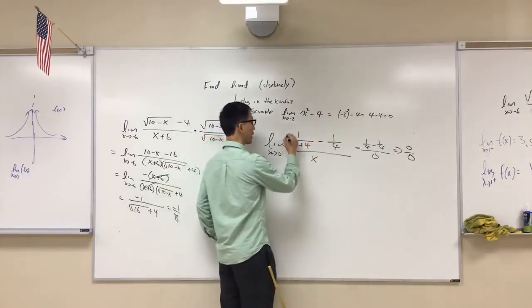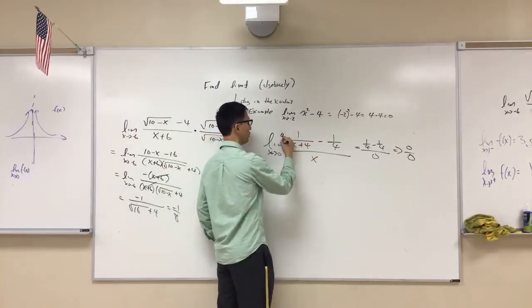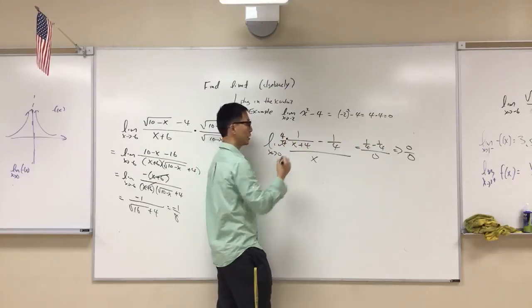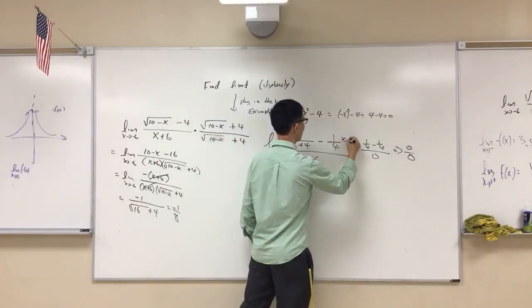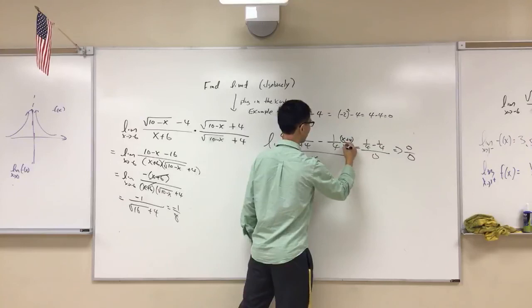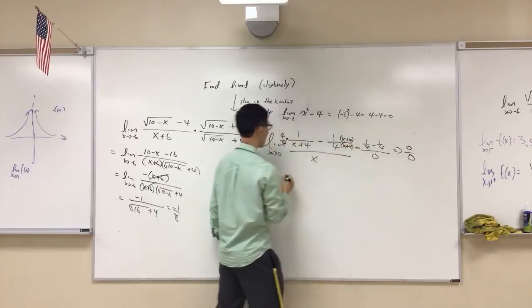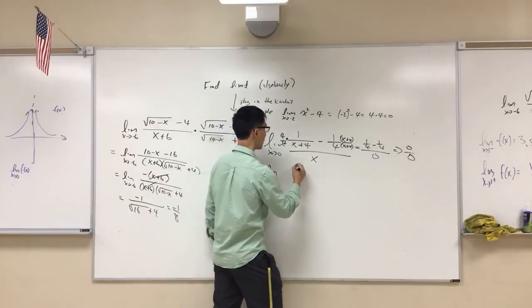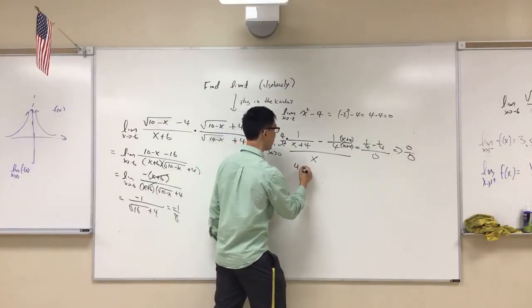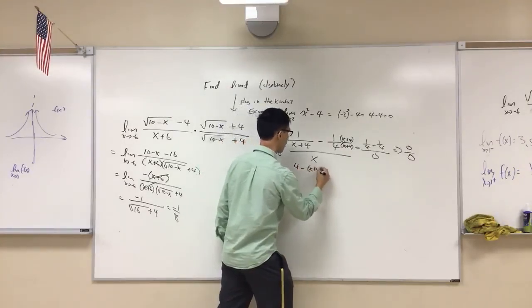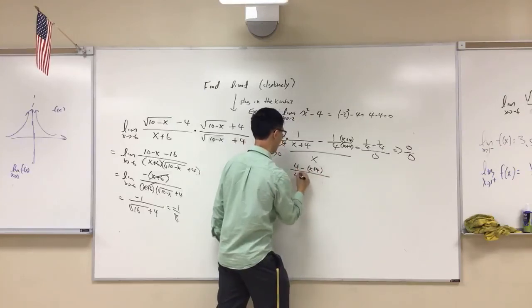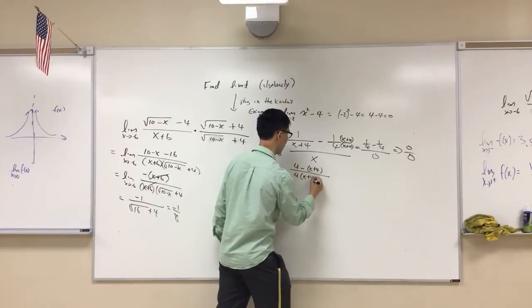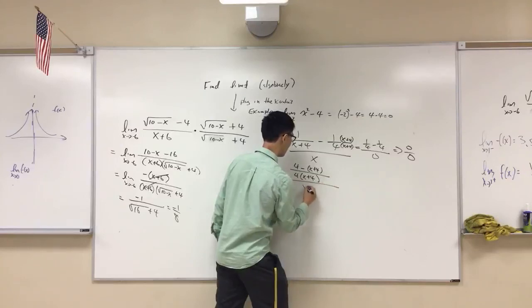So I'm going to multiply this side by 4 over 4, and this side by x plus 4 over x plus 4. So then I will have limit as x approaches 0, and it's going to be 4 minus x plus 4, all over 4 times x plus 4, and all over x.